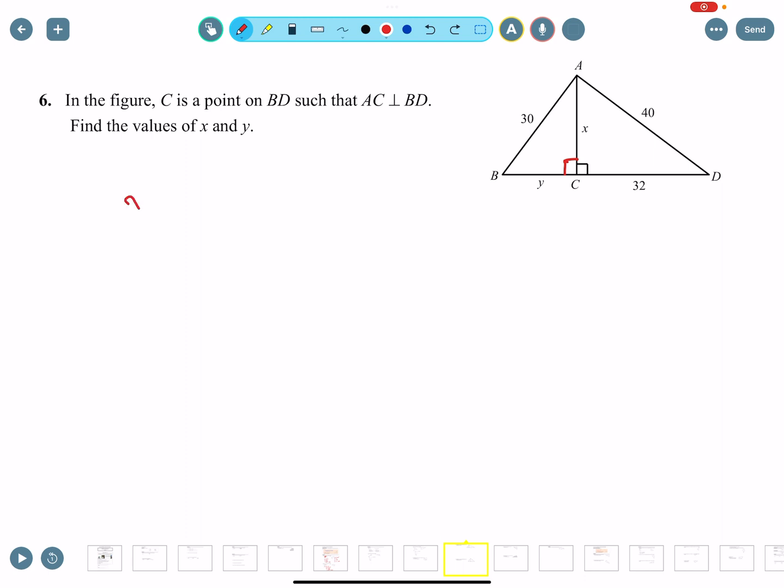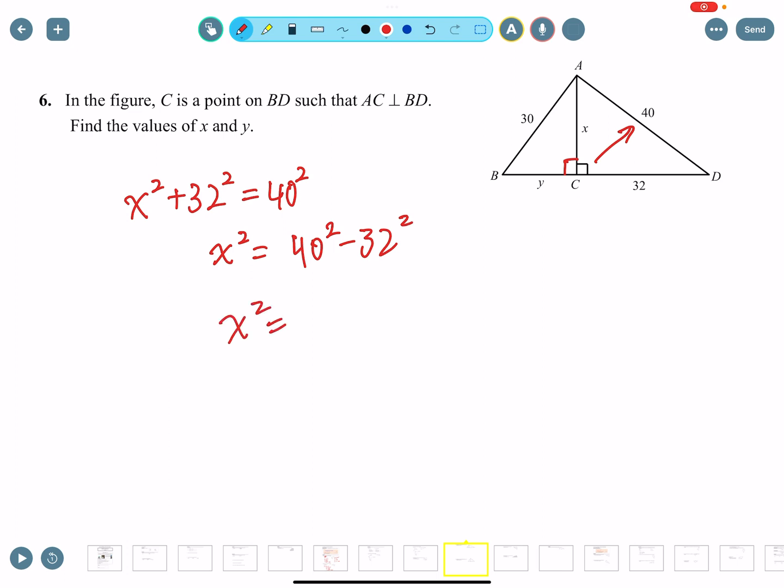Identify what's x. X square is not hypotenuse. Hypotenuse is 40. So x square plus 32 square equals to 40 square. X square equals to 40, ooh, I put degrees. From the last chapter, I'm used to degrees. 40 square minus 32 square. Then you have 40 power 2 minus 32 square, 576. What number is this going to be? I always try to guess what's the square root number.